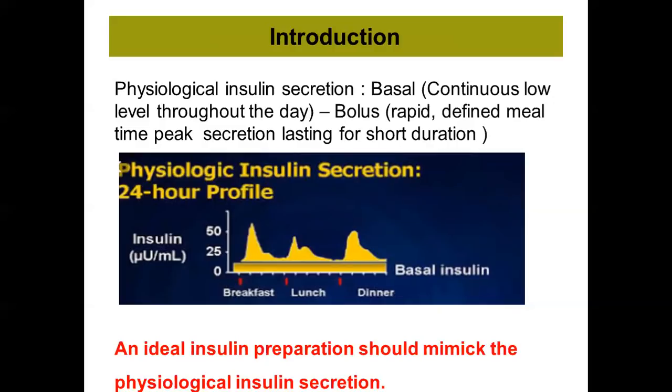Similarly, if you're giving an insulin preparation to mimic the bolus secretion, it should have a rapid onset of action, a defined peak, and it should act only for a short duration of time. That is the ideal insulin preparation which will mimic the basal or the bolus secretion. Just keep this aspect in mind.